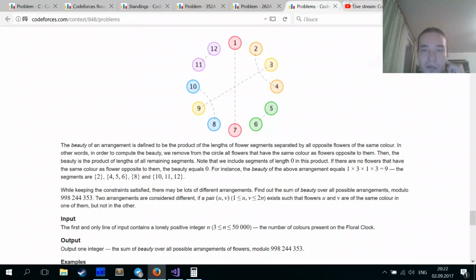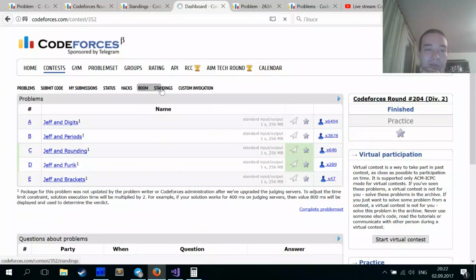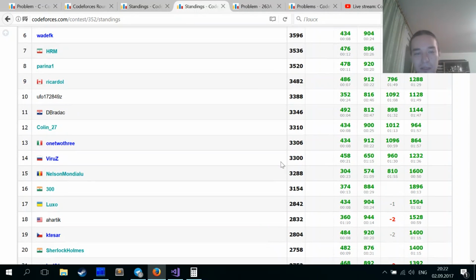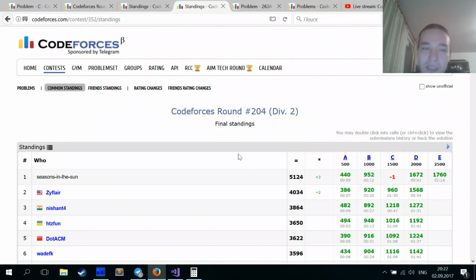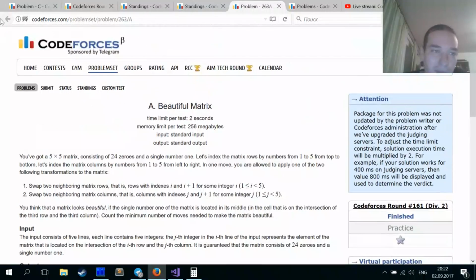Maybe some of them are reference solutions by authors, and also you can go into a contest page and then go into standings and then open a random solution, to see how other people who are maybe more familiar with that go about implementing this kind of solution. So that's how you work with a problem.